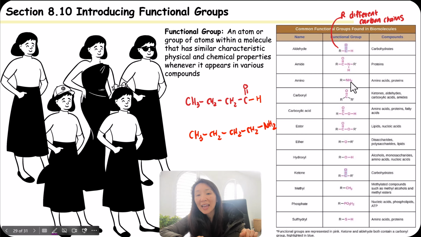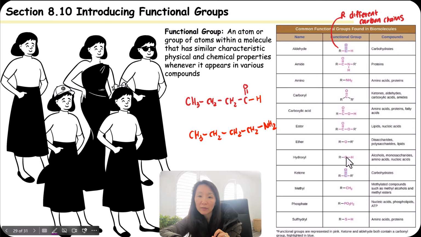Amino has the NH2 at the end of the carbon chain. Carboxylic acid has C double bonded O and an OH. And I know I skipped carbonyl for a reason. Ester has an R group. It looks a lot like carboxylic acid, but instead of hydrogen, there's going to be a carbon source on the end. Ether has two carbon sources and an O in the middle.